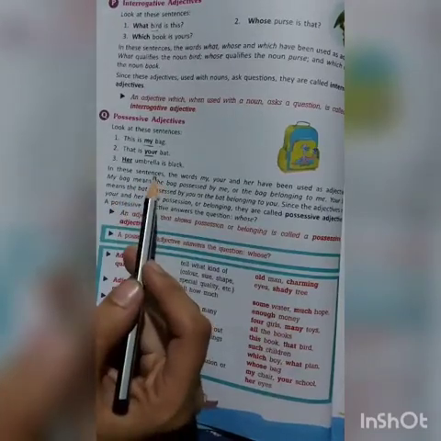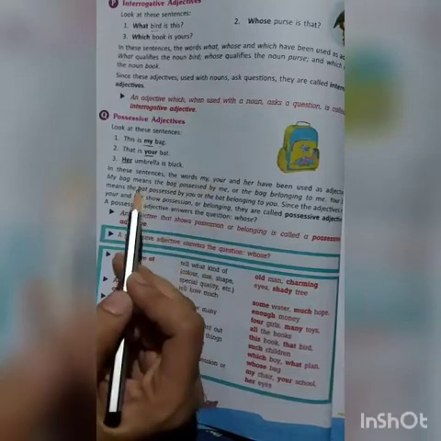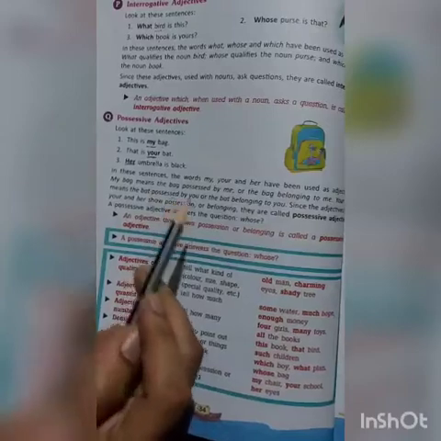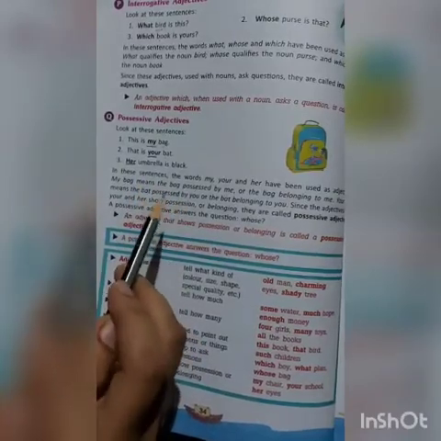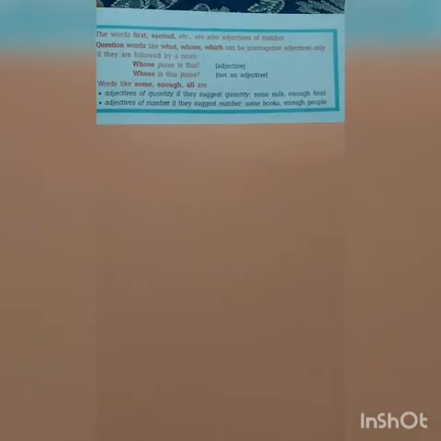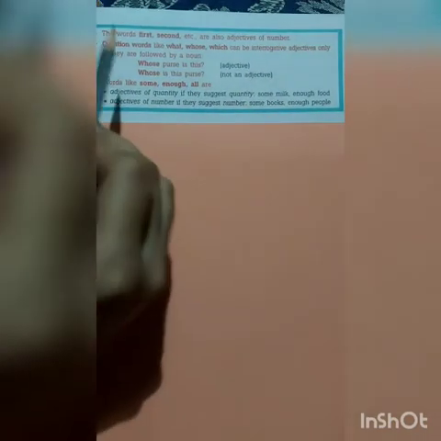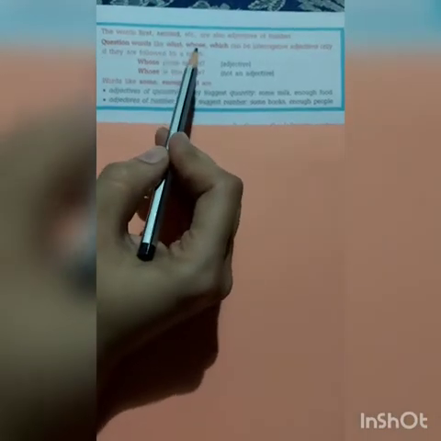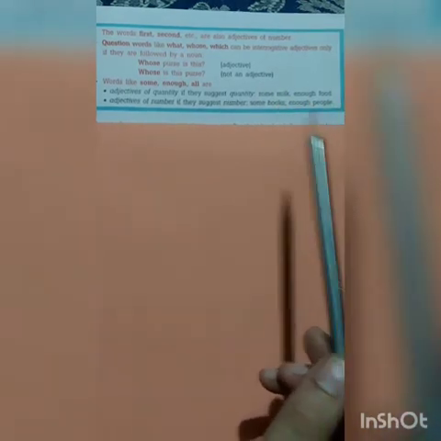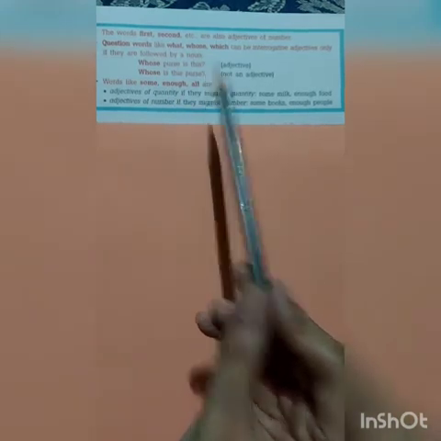When you do the book exercises, at that time also you have to keep in mind that interrogative adjectives and possessive adjectives will be followed by the noun they describe. Look at page number 36 of your book, children. Here they have mentioned in your book also that question words like what, whose, which can be interrogative adjectives only if they are followed by a noun.